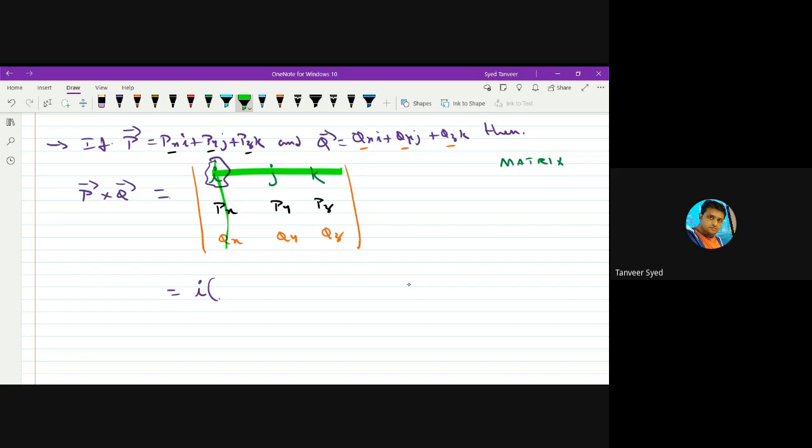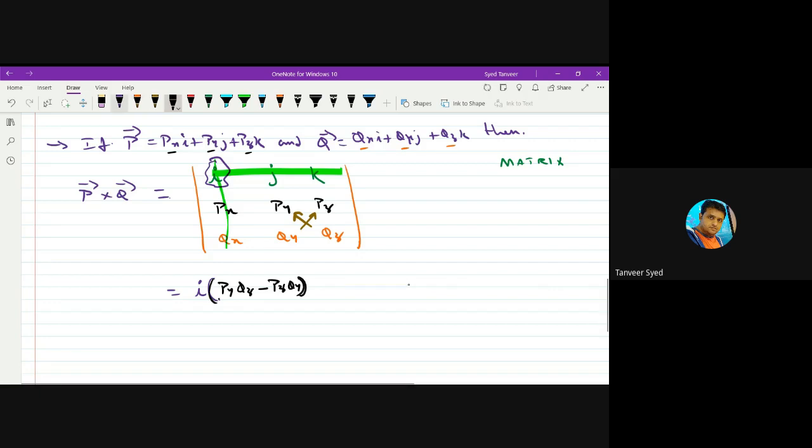Now what is left? These 4 things are left: py, pz, qy, qz. You multiply py into qz, and from that subtract pz into qy. I am writing here: i into (py qz minus pz qy).